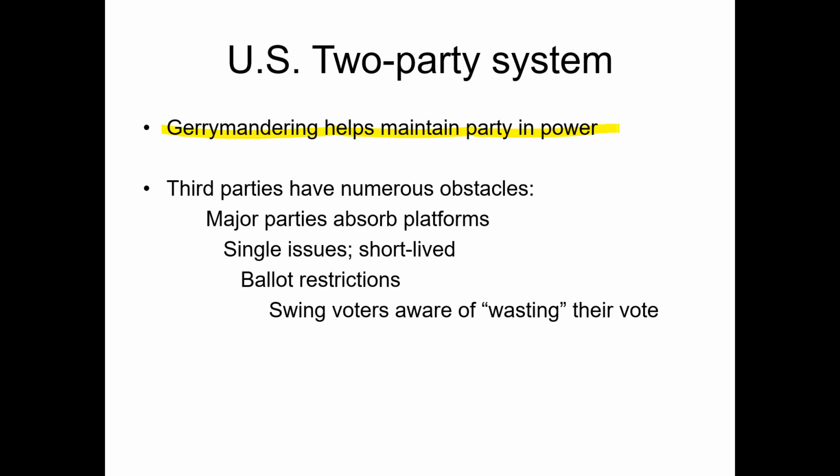They'll break up as many districts as they can to where they know their party's going to have the majority, and then they'll pack or condense as few districts as possible that are going to have a massive majority of that one party. So that's called packing and cracking.